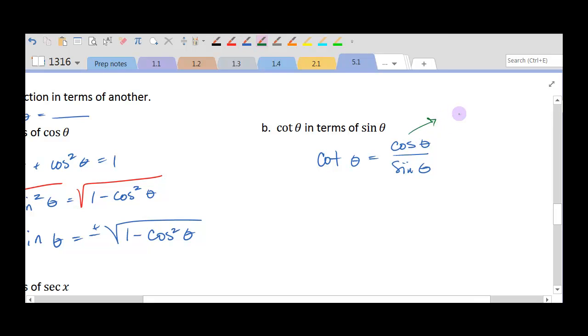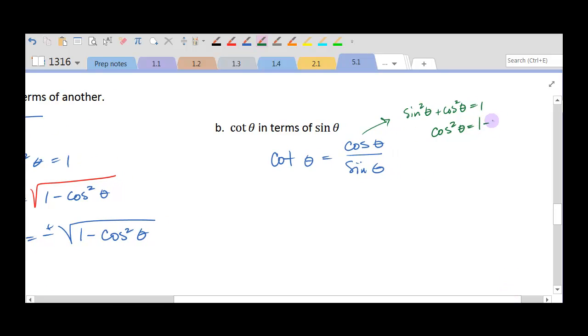So this is where we think Pythagorean identity again. The Pythagorean identity says sine squared plus cosine squared is equal to 1, and I want to rewrite it so that sine is going to show up here in the numerator. So I say cosine squared theta is 1 minus sine squared theta, or in other words, cosine is going to be plus or minus the square root of 1 minus sine squared theta.